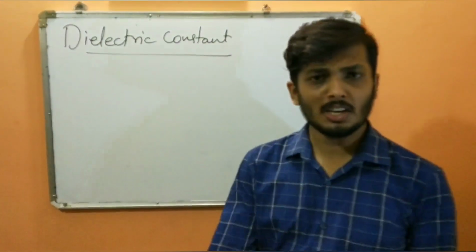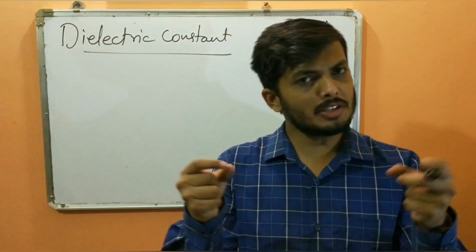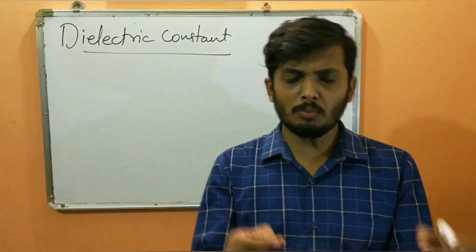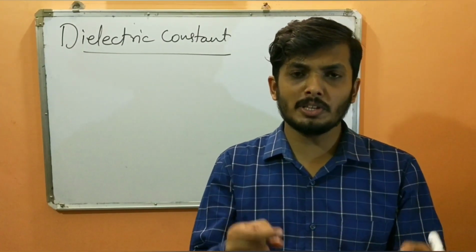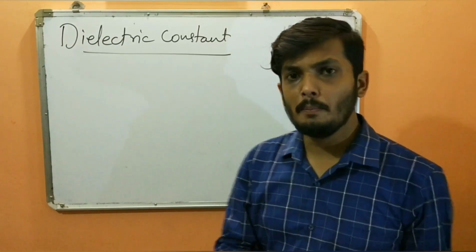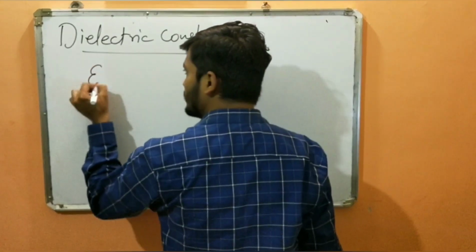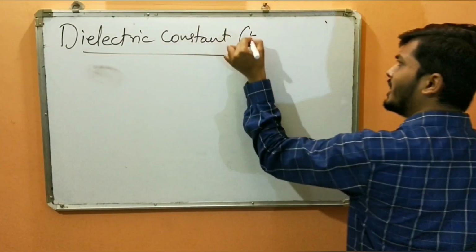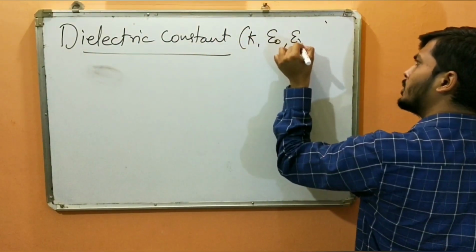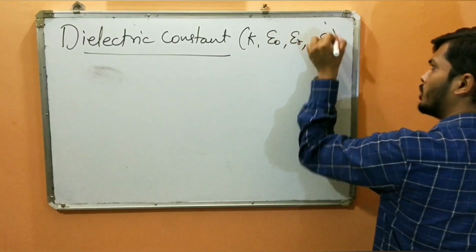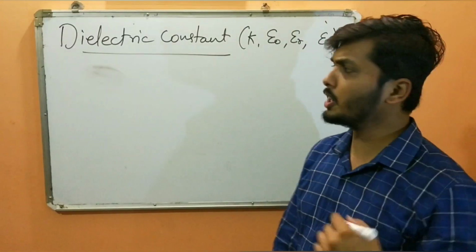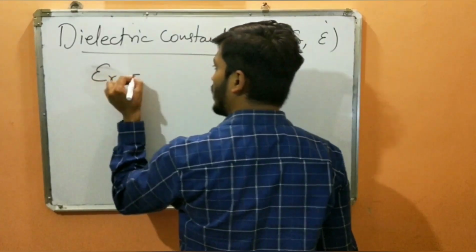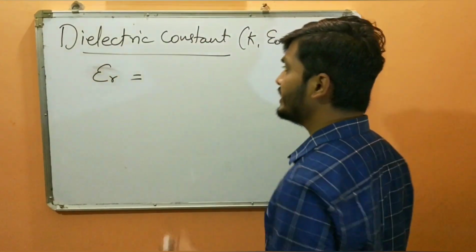Here we place two charges at a certain distance initially in air, and again take the same two charges separated by the same distance but in a different medium. It is denoted by many letters like K, epsilon R, or maybe epsilon naught also. In different textbooks you will find different denotations. Let me name it epsilon naught R. So the dielectric constant is nothing but a ratio.